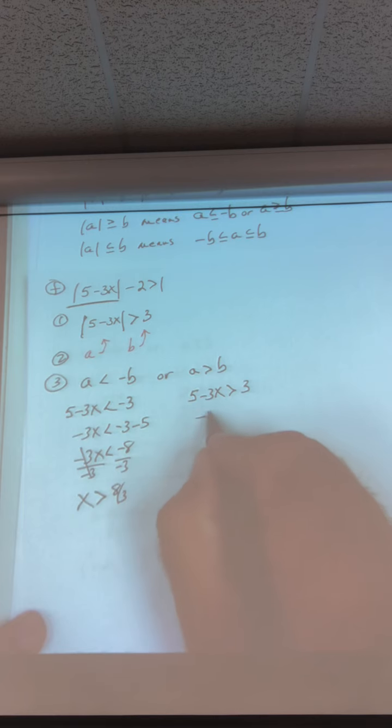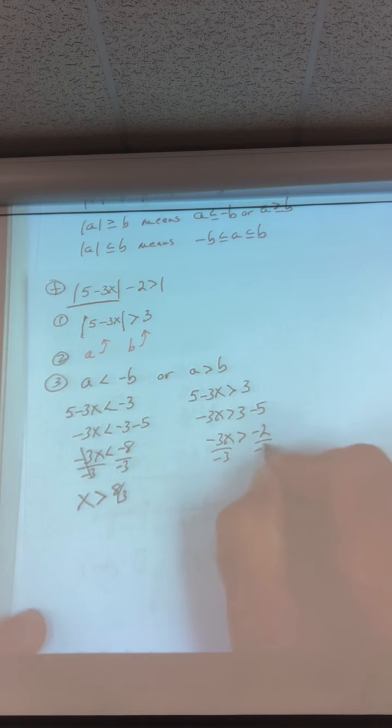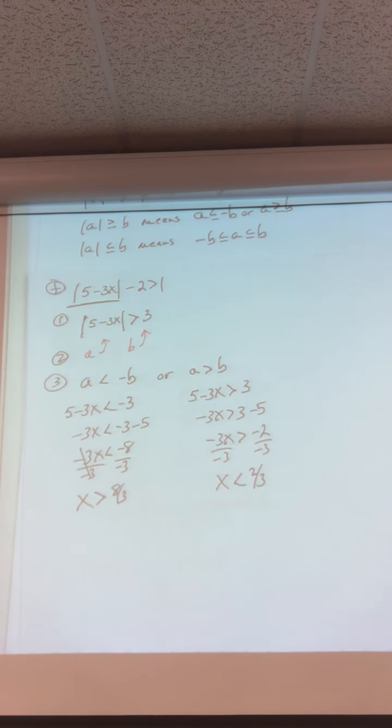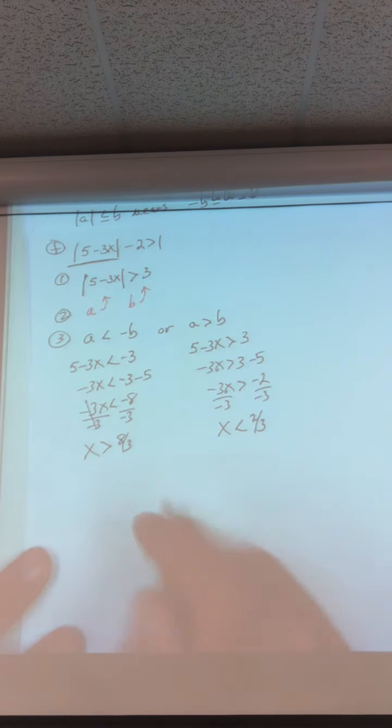Subtract 5 from both sides. But when I divide by the negative, I have to flip the symbol here, so x is less than 2/3. All right, so let's draw the graph now.